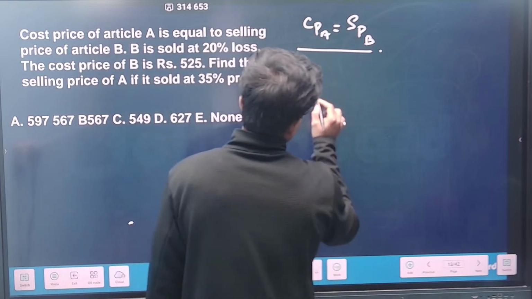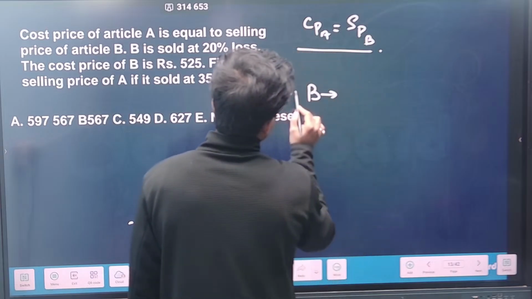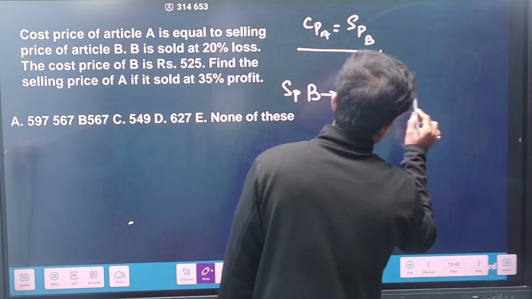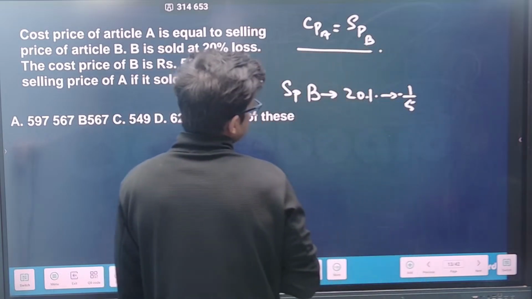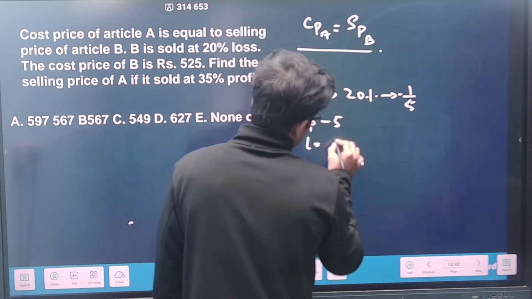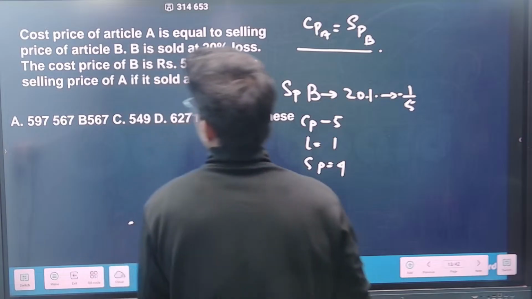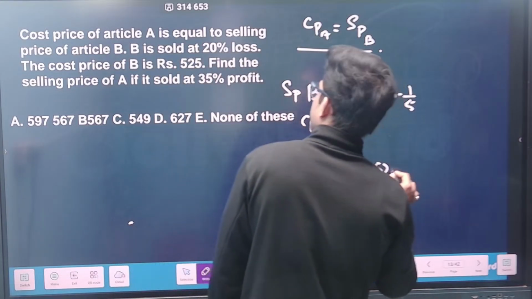So B's selling price is basically 20% loss. 20% loss means 1 by 5. If your cost price is 5, your loss is 1, then your selling price would be how much? 4. Now in the question, if the cost price of B is 525, so 525 is the value.